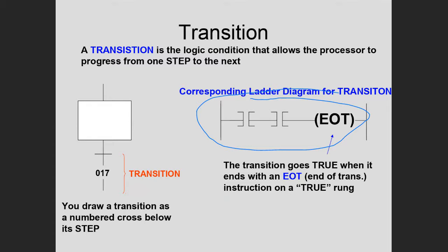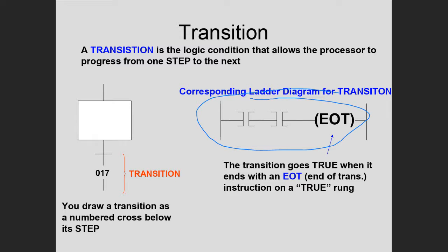So the transition might be that the clamp has to be unlocked, or, if you're using a photoelectric cell to determine the presence of a part, maybe a part needs to be present. Whatever the logic is to say it's okay to go from one step to another, that's what you would program.